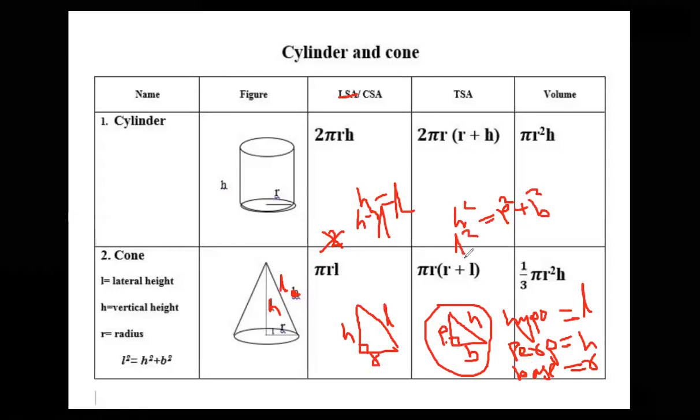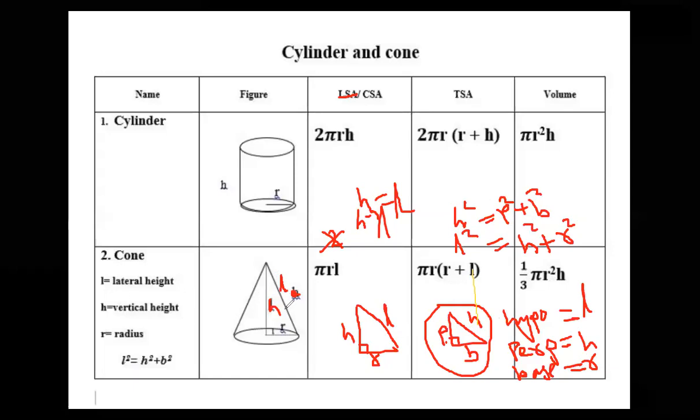L, the lateral height. So L² equals, what is there in case of perpendicular? H. Plus H². What is there in case of base? R. R². Remember, the hypotenuse is the lateral height, L. Straight up we call it height.